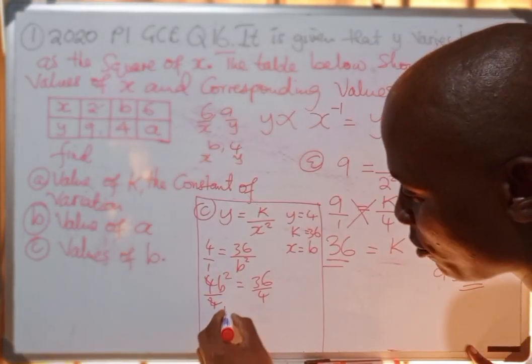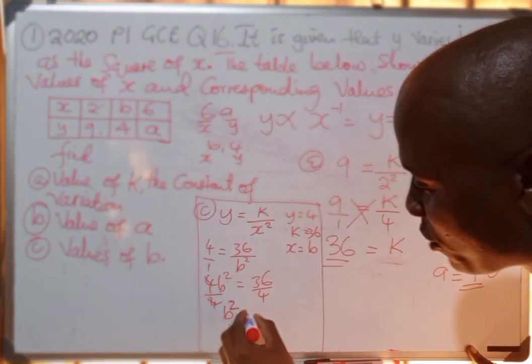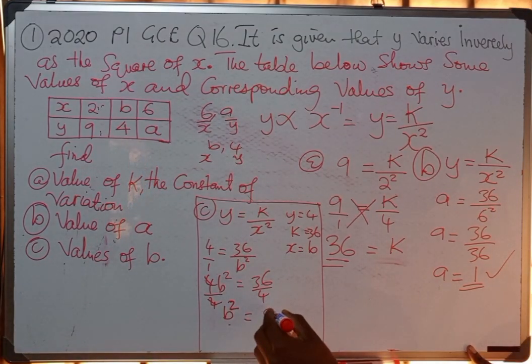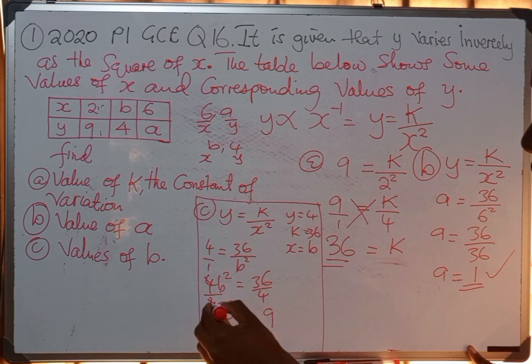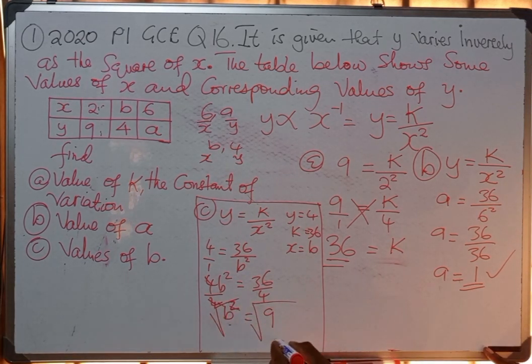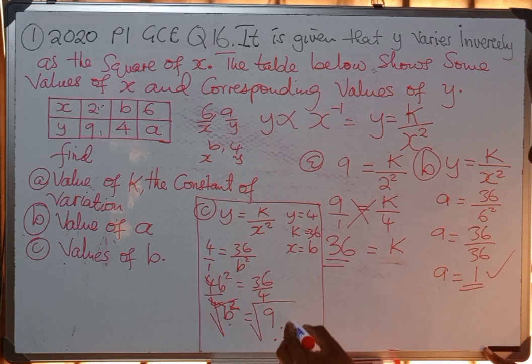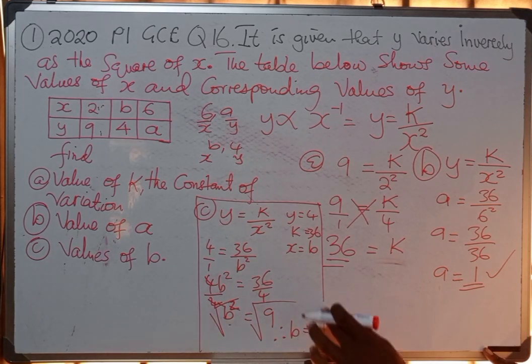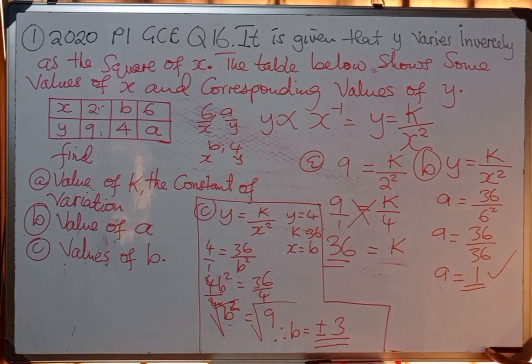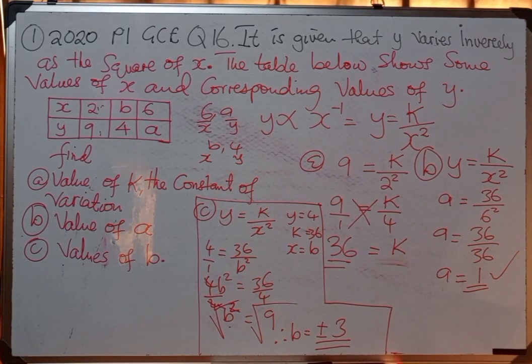Our final answer now is b squared. b squared is equal to 36 over 4. It goes 9. So we are going to square root that side and also this other side. So therefore, b is equal to positive or minus 3. The value of b is positive or minus 3.